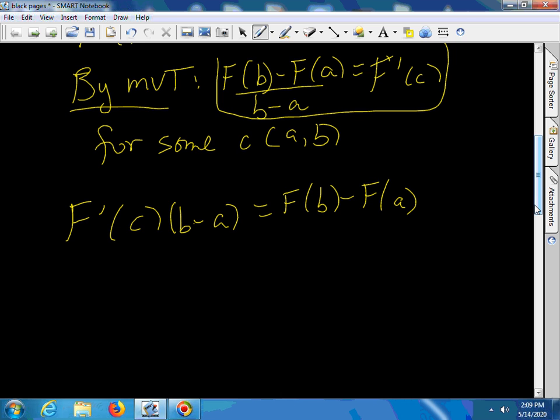Now, we know that F of x is the integral from a to x of f(t) dt.